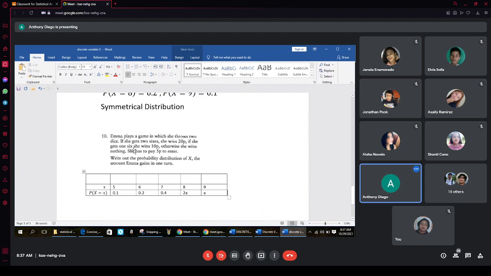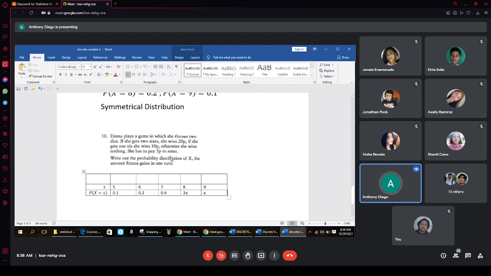They're saying if she gets 2 sixes, she wins 20 pence. If she gets 1 six, she wins 10 pence. Otherwise, she wins nothing. She has to pay 5 pence to enter.